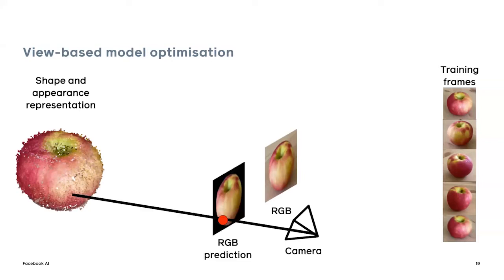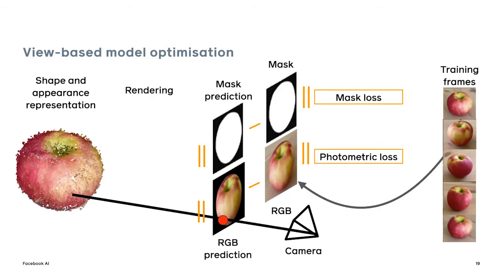And with that 3D model and the camera, you generate an image, you do a comparison between what you've got and the training image, you measure some photometric error, and you minimize that. And maybe you minimize some other meta information as well, for example, a mask of the object. In this case, we're interested only in reconstructing the object, not really the background. So for us, masking the background makes a lot of sense. Okay. So that's the basic idea.